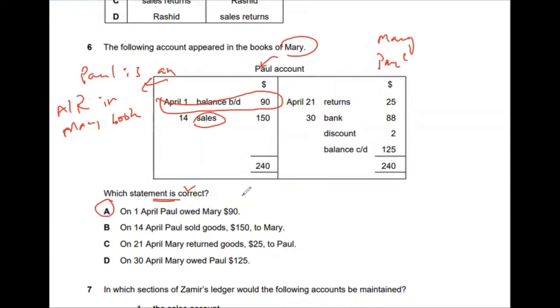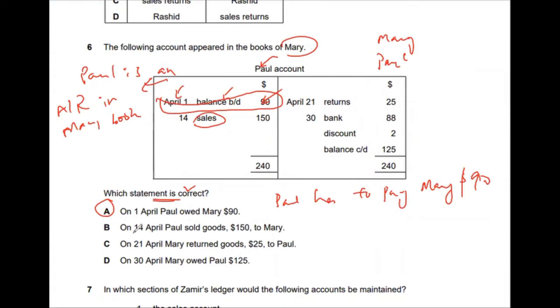The answer to multiple choice 6 is actually option A, because on 1st April, if you look at this, balance brought forward $90. Paul owed Mary $90. In other words, Paul has to pay Mary $90, and we already decided that Paul is an accounts receivable in Mary's book.